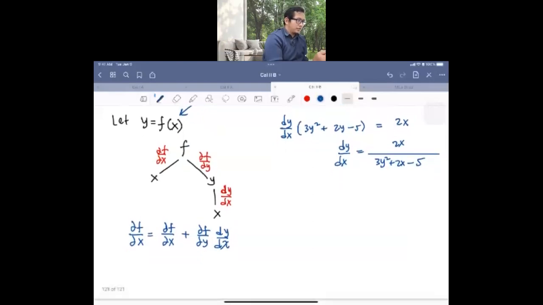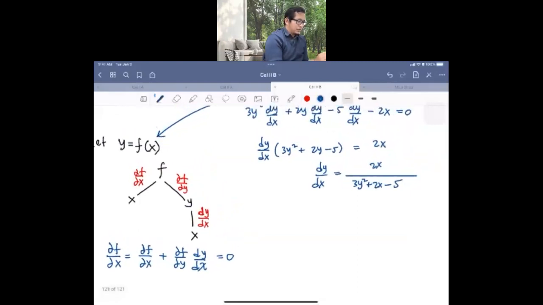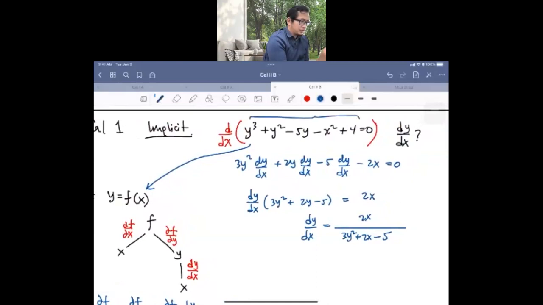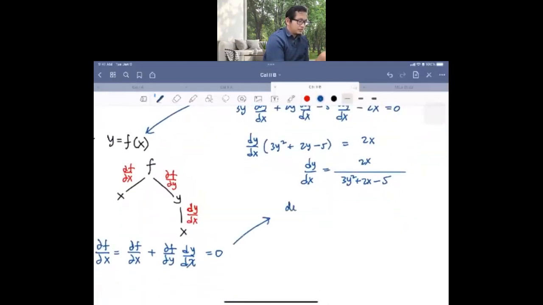And since this is 0, because we let this be our f, we can write the d over dx as negative dou f dou x divided by dou f dou y, or we can simply write in terms of minus partial x divided by partial y.